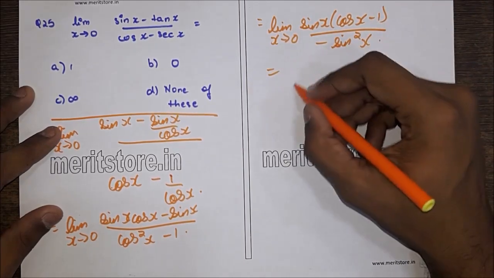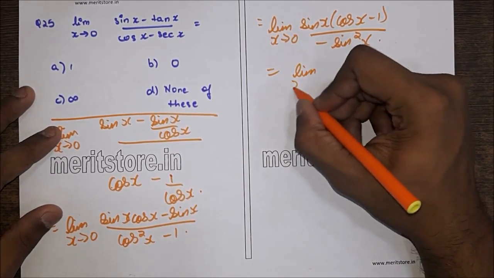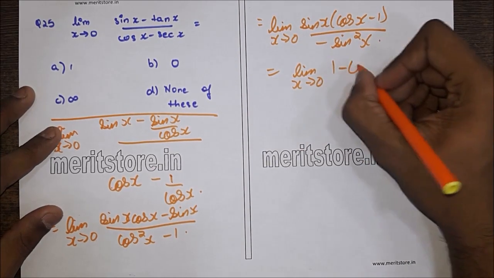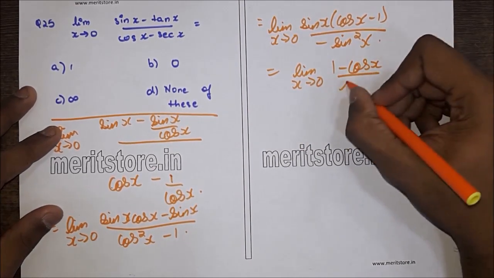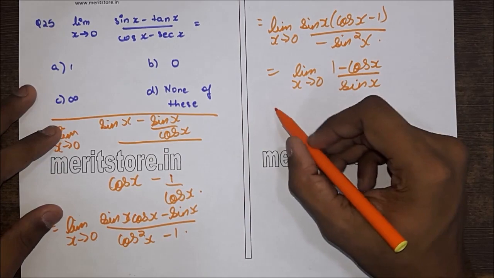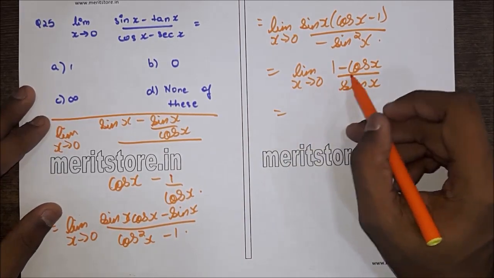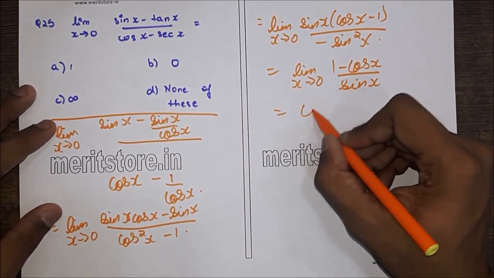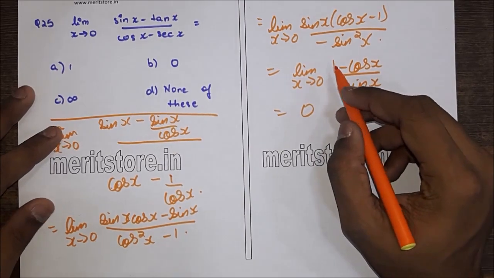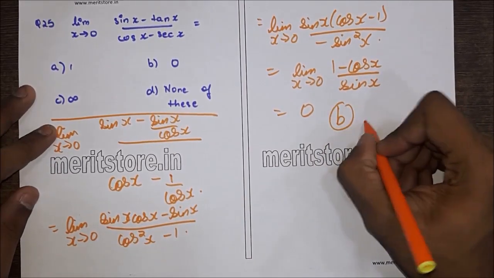Solving this, we get limit of x tends to 0 of (1 − cos x) upon sin x. On applying the limit, we are left with 0, which is option B.